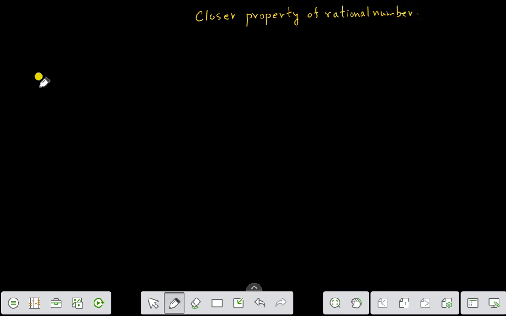First one we'll deal with is addition. What is the rule for addition for the closure property?